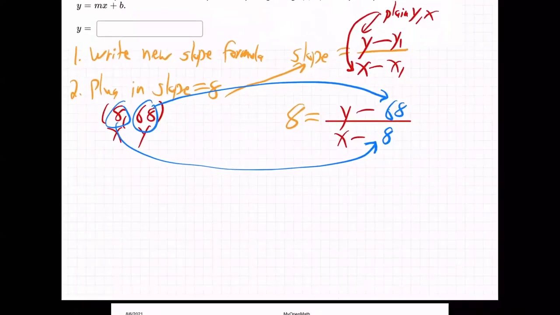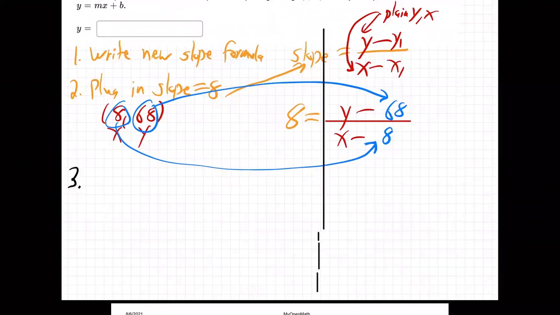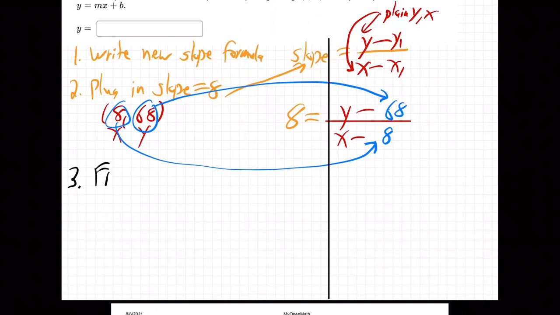Okay, now what? So now we've got a little trick we're going to do. Step 3. You remember, right? What do we always do with fractions? Because we have a fraction now.